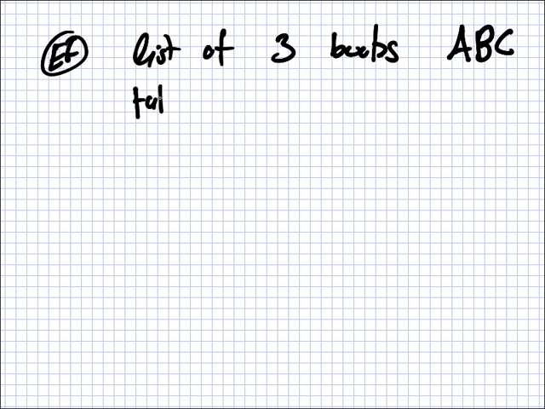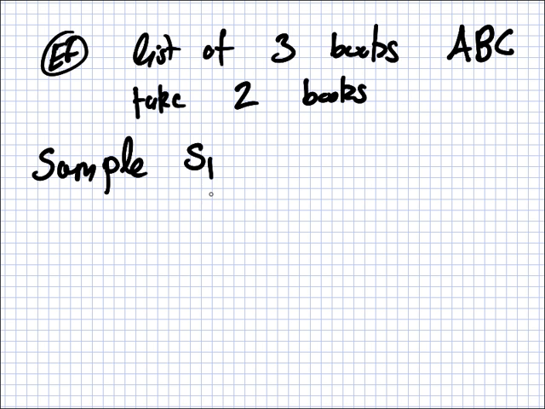So I want to give you just 1 minute to list out, I don't know if you remember this vocabulary, the sample space. Do you remember that? So just take a minute to write out the sample space here.